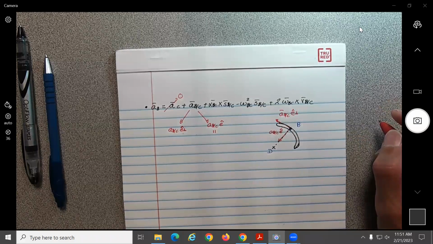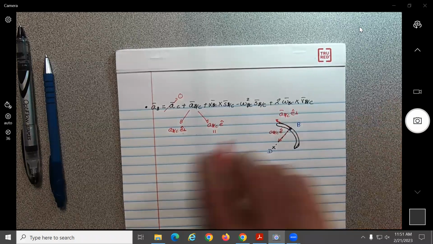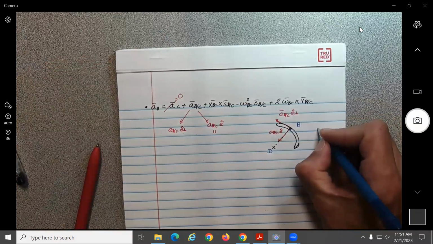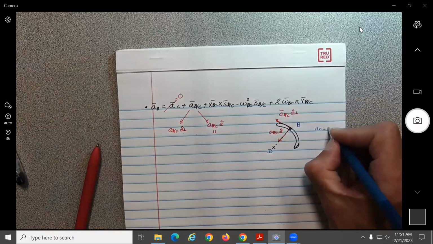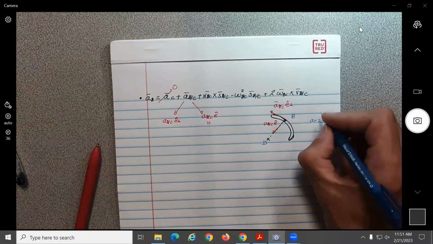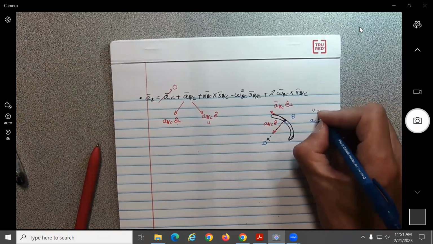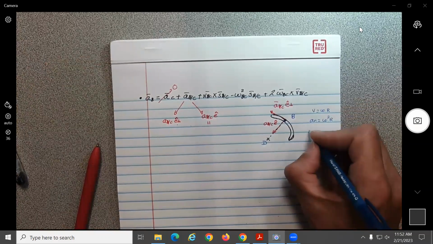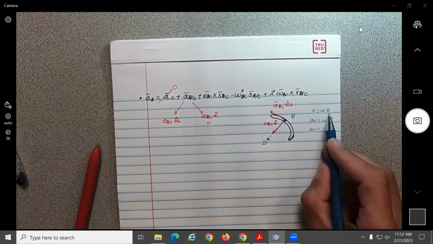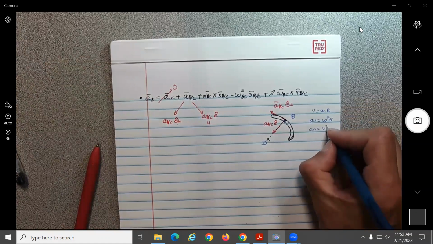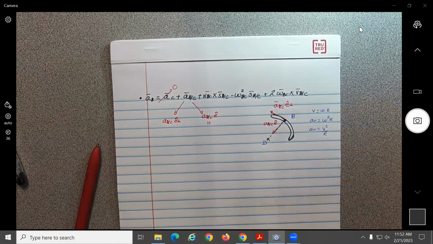Don't make it up. The normal. So if you remember, I did a small calculation here, the magnitude should be equal to omega square R, no? Talking about magnitudes, but we know that V is equal to omega R. So if you rewrite omega as V over R, this gives us V squared over R, no? The magnitude.